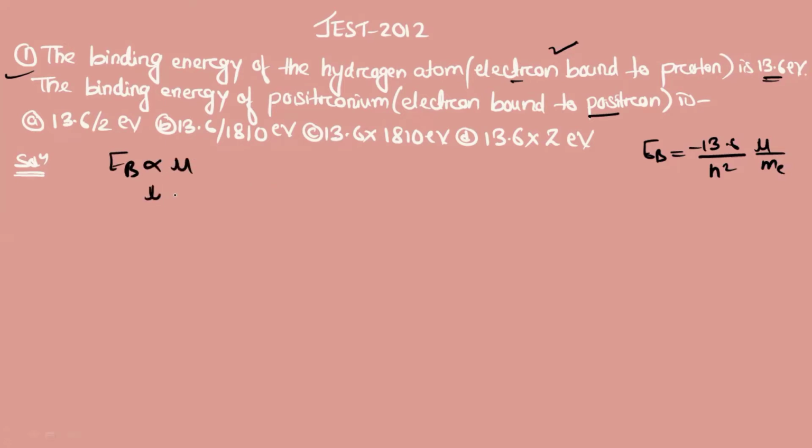So reduced mass mu is equal to the product of the masses divided by the sum of the masses. Here the electron is bound to a positron.